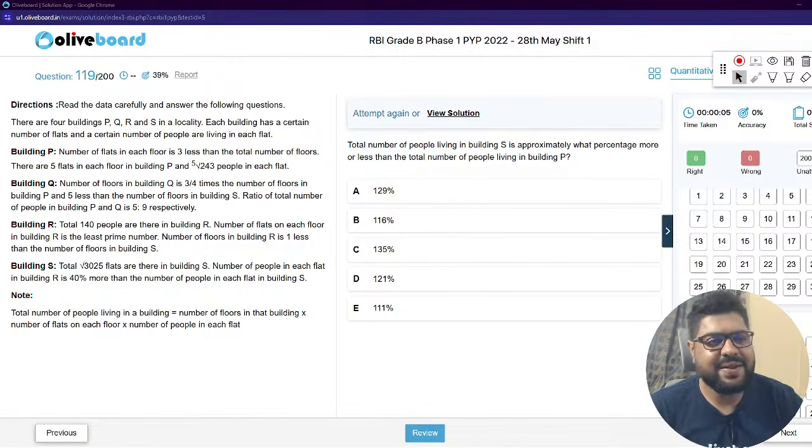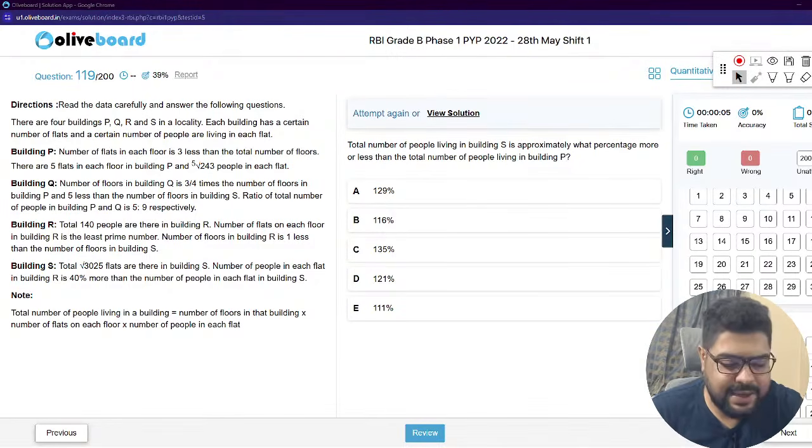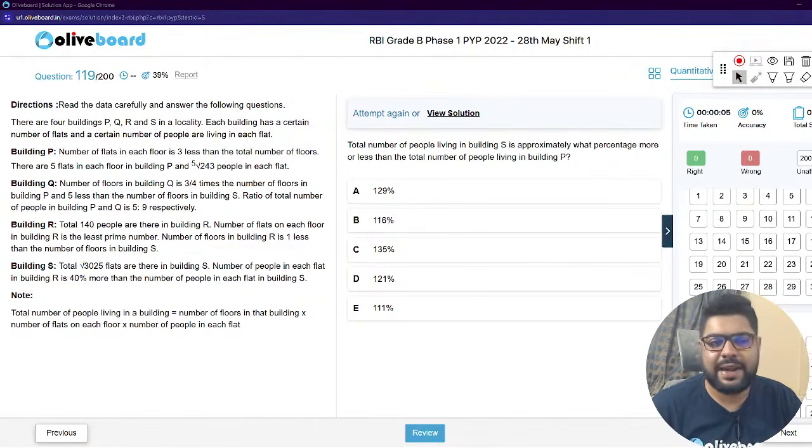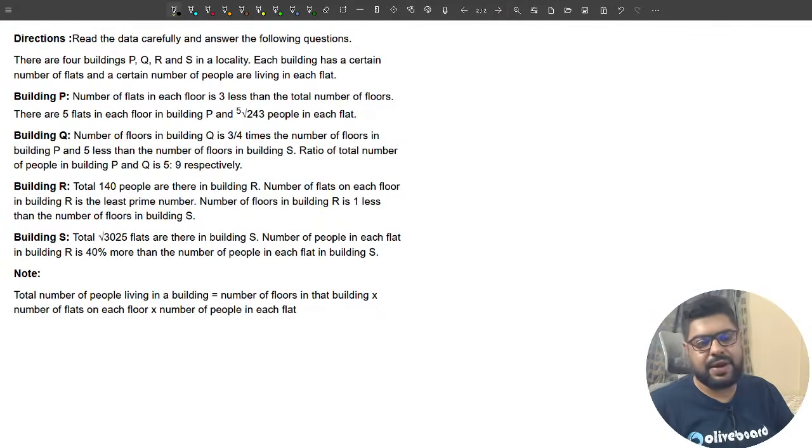And from there we can figure out everything, because it's caselet DI. In caselet DI, generally we need to solve the entire thing first. Then only we can get into क्या होगा क्या नहीं. चलो sir solve ही कर लेते हैं. So I guess you guys can see the question.